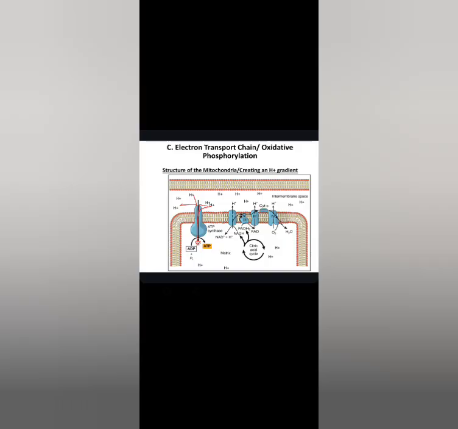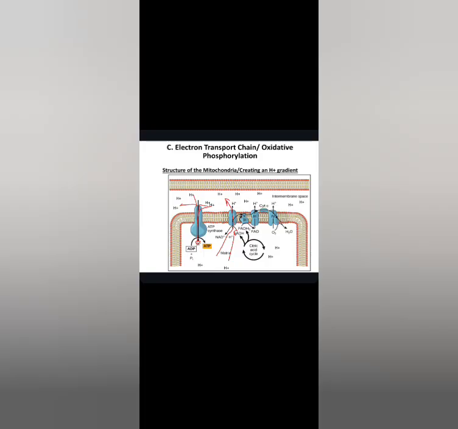So hydrogen ions are going down. At the same time, the energy from the electron of NADH is used to move this hydrogen out. So you always have that concentration gradient of more hydrogens here than here. And that energy comes from moving that high energy electron.